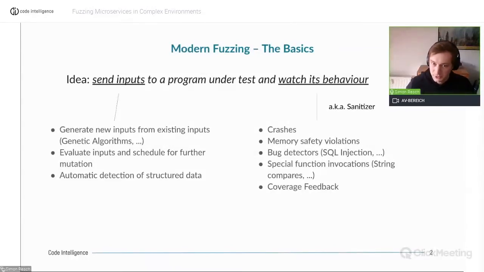And maybe most importantly, the fuzzer keeps track of how far into the code each input went. That's basically how the fuzzer evaluates each input. It tries to maximize code coverage, which is a good signal that we have a higher chance to detect interesting bugs.